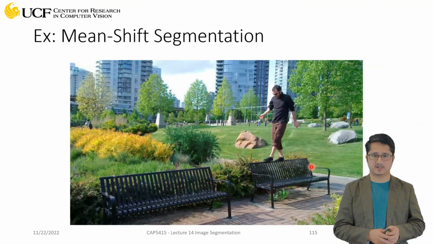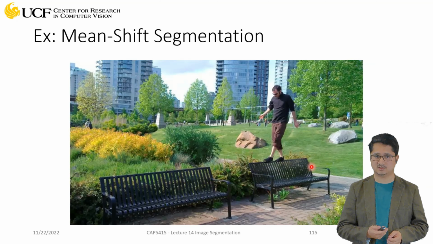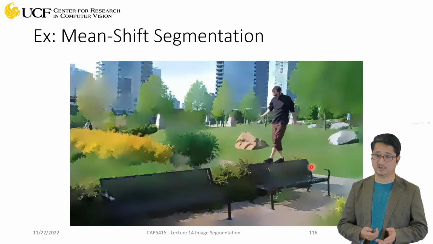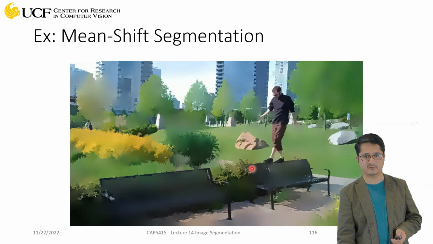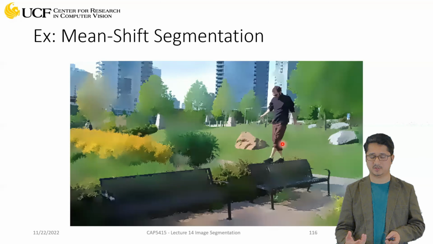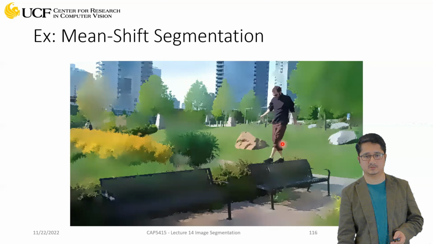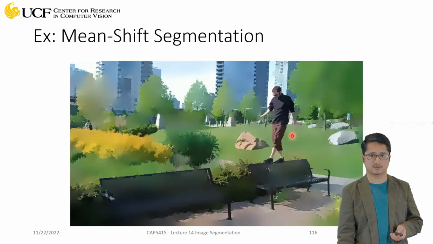Now let's quickly look at some sample images, and how mean shift gives you segmentation. This is the input image, and you can get something like this. This shows different colors, and you can see the whole green patch over here was detected as one segment, which is quite different from the result we expect from a SLIC kind of algorithm.